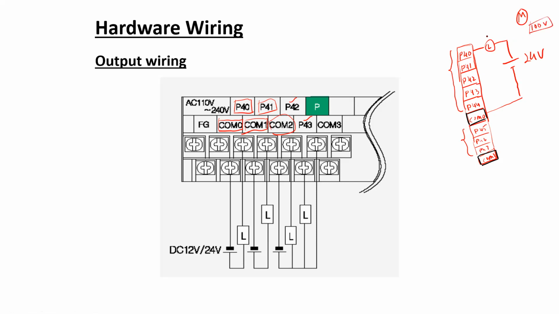As we are already connecting a load which is operating at 24 volts, and all these other four ports also share the same common terminal, it is not possible to connect this motor to any one of these ports, because the common terminal already has a supply of 24 volts, so another supply at a different voltage level cannot be connected with any of these particular ports.